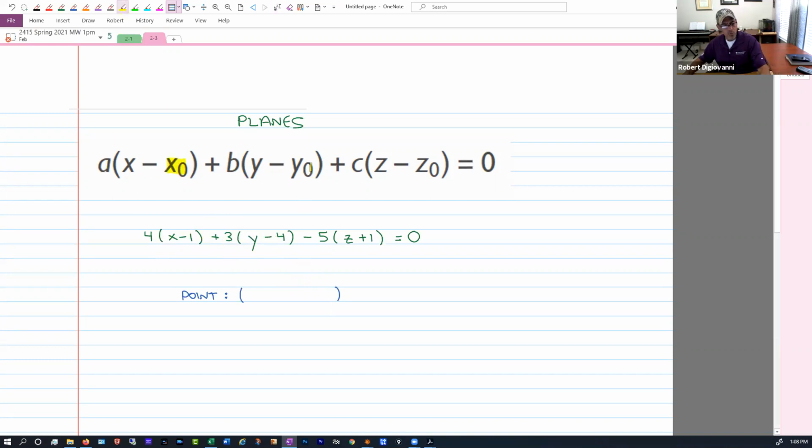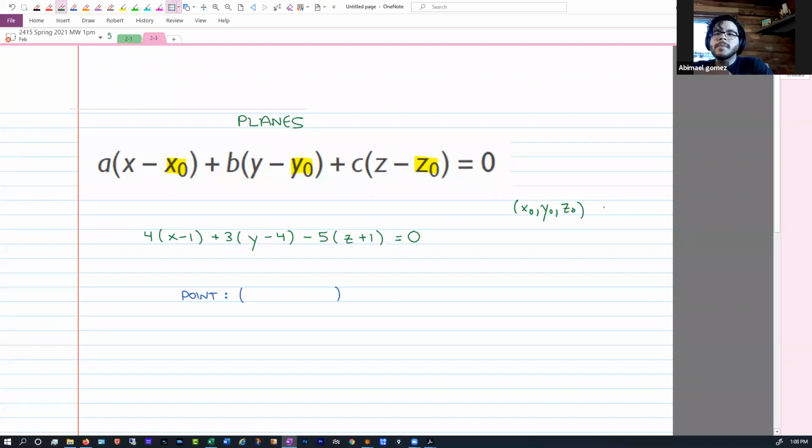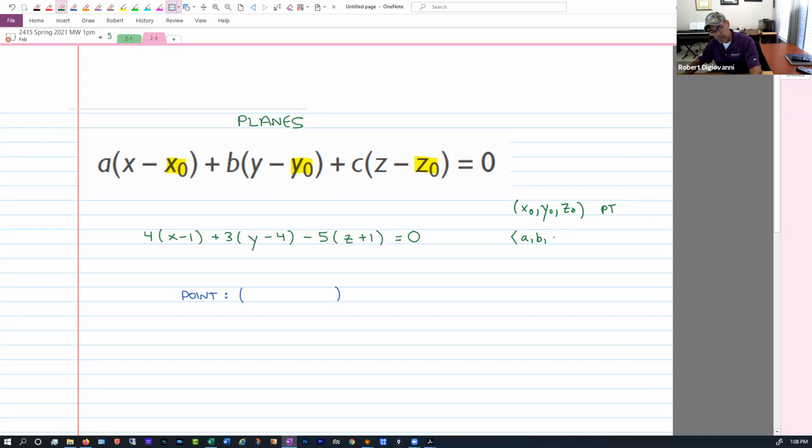The x naught, y naught, z naught correspond to the point that's on the plane. Okay, so this is your point. And then the vector ABC corresponds to the normal vector. Okay. So looking at it that way, what would be a guaranteed point on this plane then?